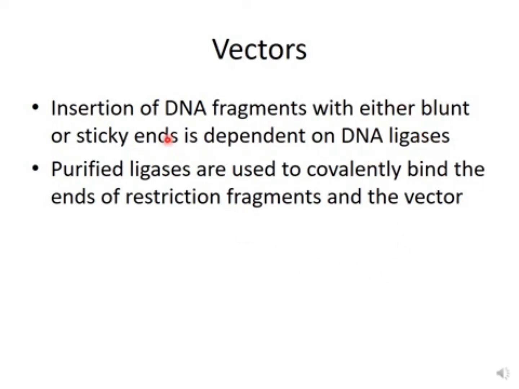As I mentioned earlier, ligases are usually used to covalently bind the ends of the restriction fragments and the vectors. If you remember when we talked before about ligases, we mentioned how they are present in the process of DNA replication and in DNA repair. So they are there for these purposes. However, we use them in biotechnology in order to covalently bind the ends of different DNA fragments and vectors.